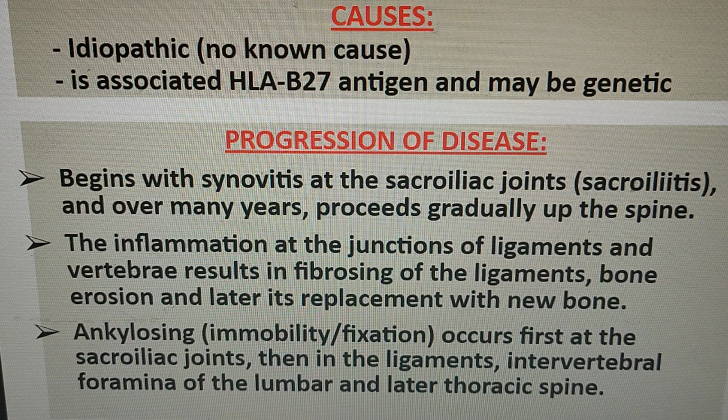Ankylosing or immobility fixation occurs, well, first at the sacroiliac joints, like I said, then in the ligaments. Ligaments is the tissue that connects bone to bone, okay? Intervertebral foramina at the lumbar. So foramina is like the hole, okay, the opening, and later thoracic spine. So from the lower part of the spine, it goes up to the thoracic spine, the spine at the area of the rib cage or the shoulder area.